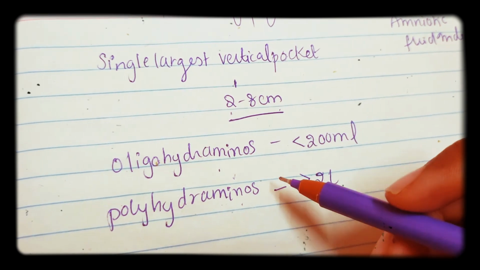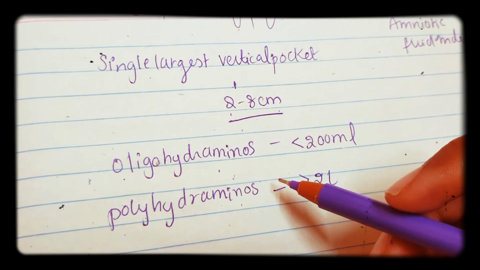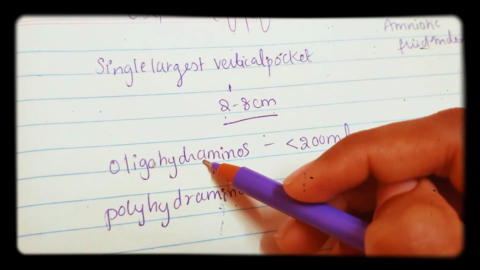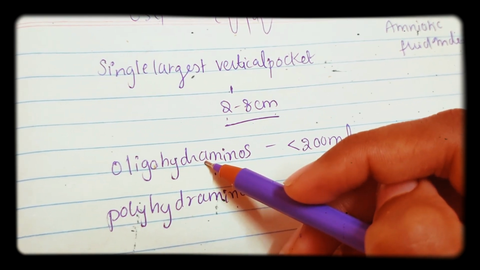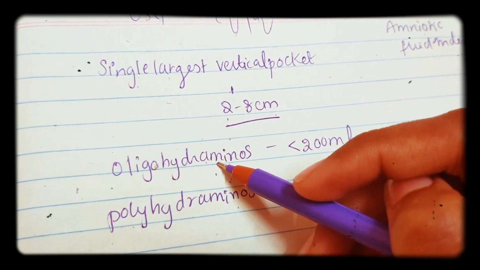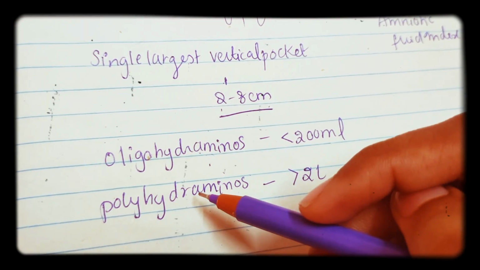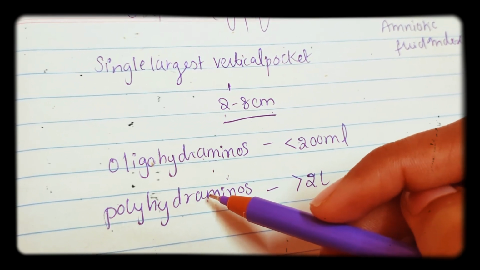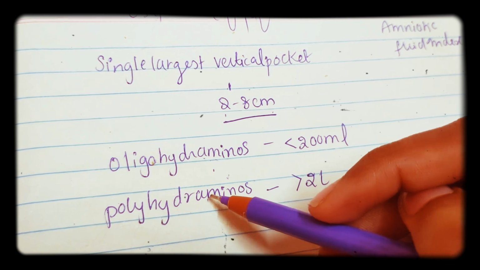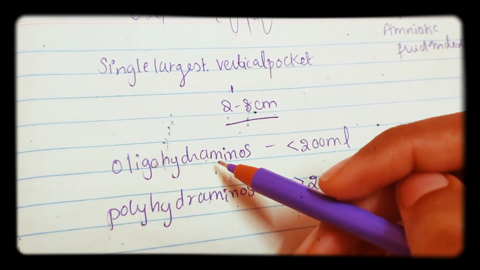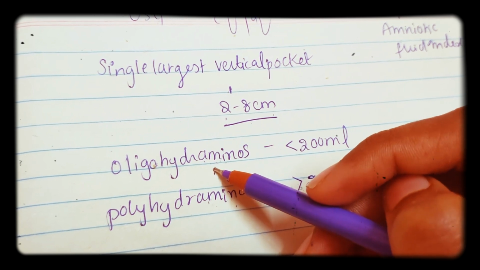So these are the conditions. Now there are also some clinical definitions for it. The clinical definition for polyhydramnios is that the height of uterus is greater than period of gestation. In the case of oligohydramnios, the height of uterus is lesser than period of gestation. So what does it mean?